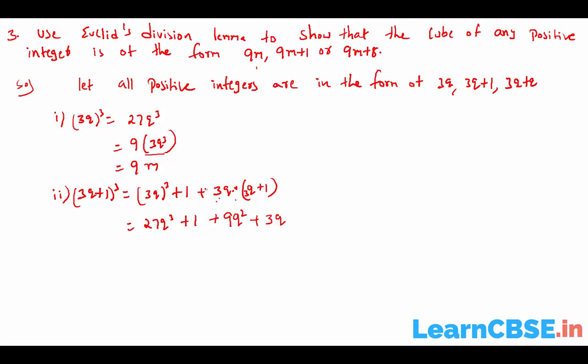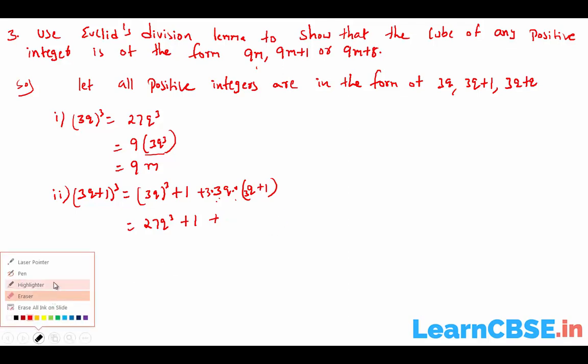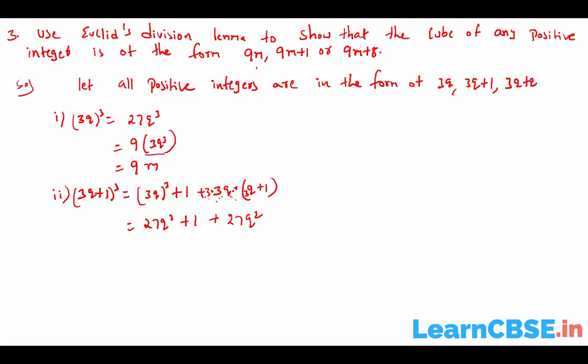So 3 into 3ab, no? 3 into 3ab. So it is in the form of (a plus b) whole cube, a cube plus b cube plus 3 into ab into (a plus b). So 3 3s are 9q, 27q square, 3 into 3 is 9, 9q, 9 into 3 is 27q square plus 9q.